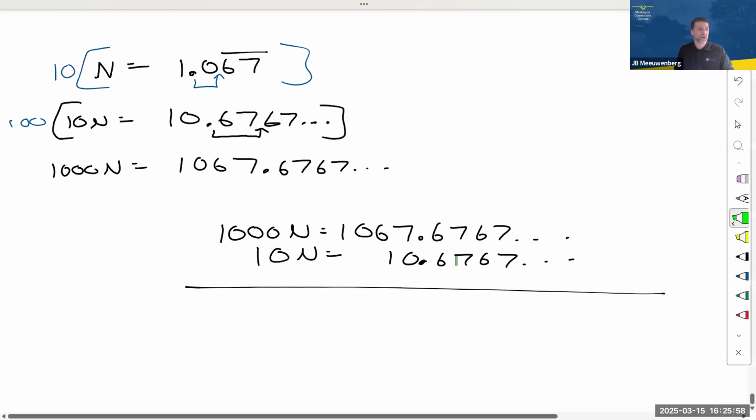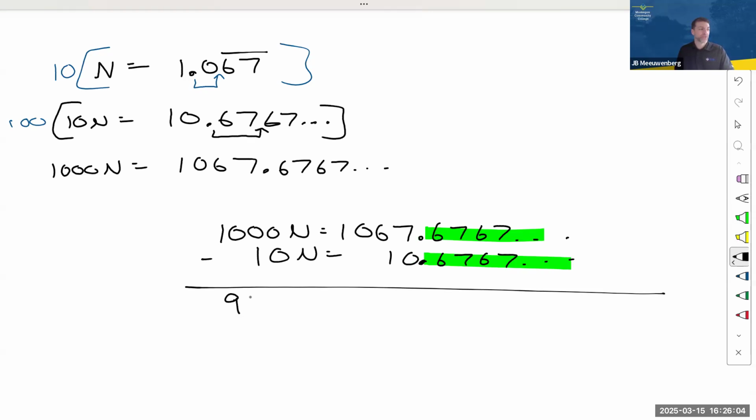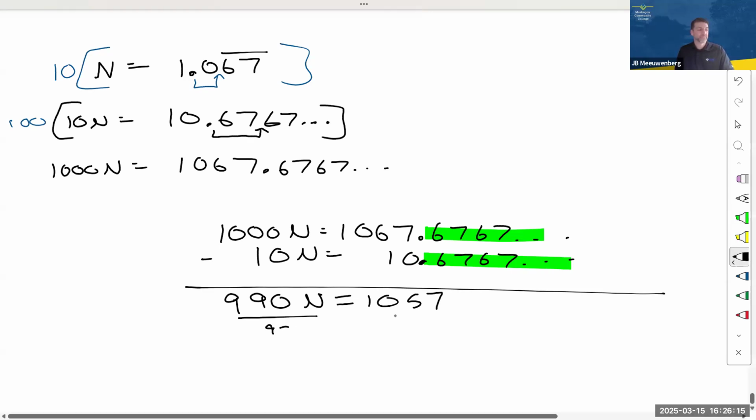Notice how my decimal sections are lining up. They are identical. So when we subtract, we get, again, 990n equals 1057, and we divide by 990.